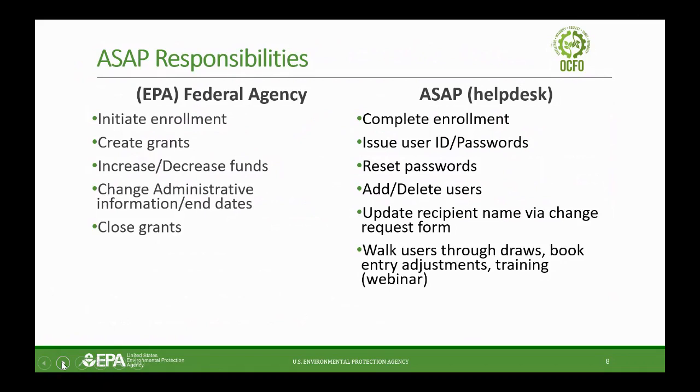And also there is a help function inside of ASAP where they'll walk you through book entry adjustments, run inquiry, any assistance, and then also on the Treasury site, there are webinars you can apply and attend.